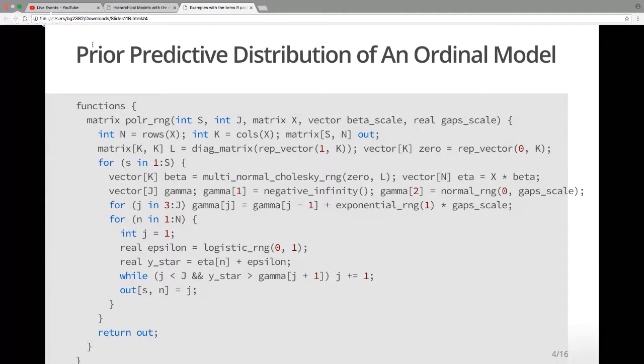Since L is technically a Cholesky factor, but it's also diagonal, that implies that my beliefs about the elements of beta are independent of each other, which is probably not the most plausible thing.